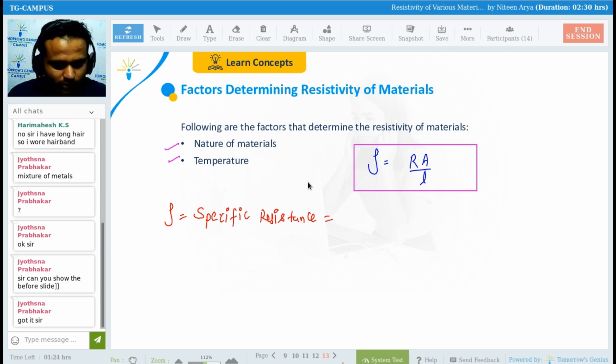And what is specific resistance? I told you in the previous class what specific resistance is. Anyone? Tell me, beta. Seriously, Kritika, this answer I never expected, at least. Specific resistance is what? Resistivity. Wow, am I joking with you?